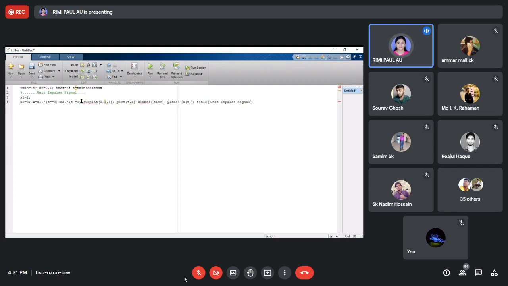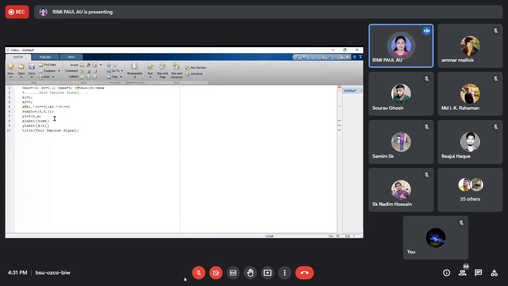And what does the semicolon mean? Semicolon means that whatever program you write here, you cannot see its output in the command window. If we leave out the semicolon, the output of every line will be shown in the command window. I already mentioned that red color means you will get an error.